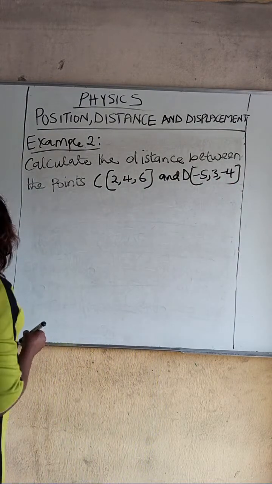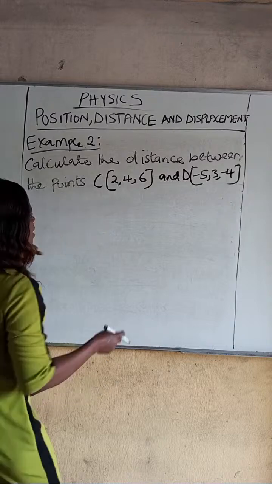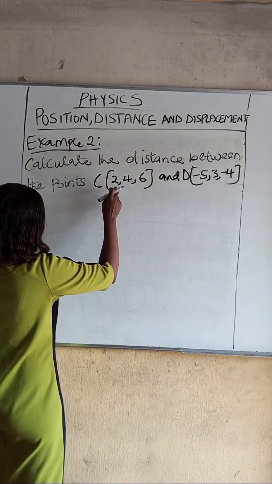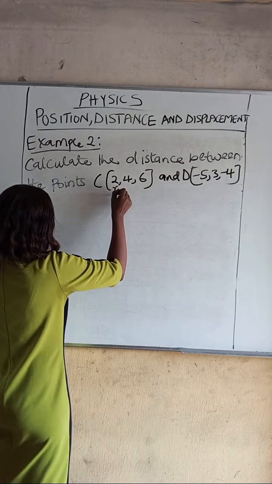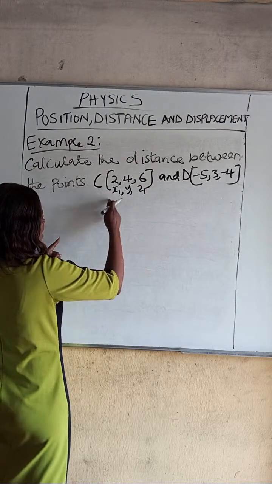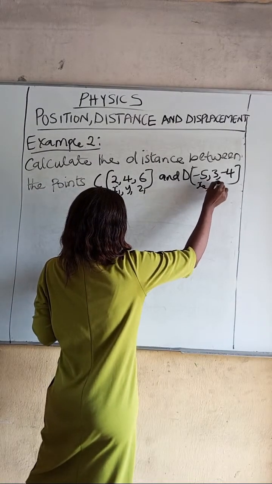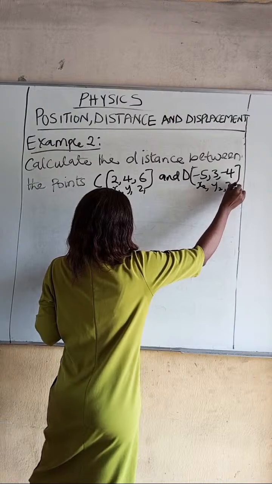All right. Now, what I'm going to do now is to state what I want. This is the first point. This is the second point. The first point is X1, Y1, and Z1. This is in space because they have X, Y, and Z. The second point is X2, Y2, and Z2.